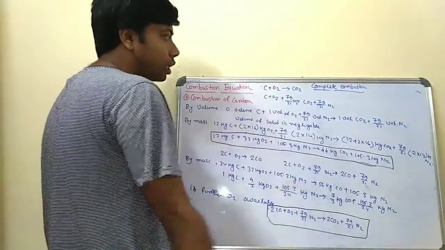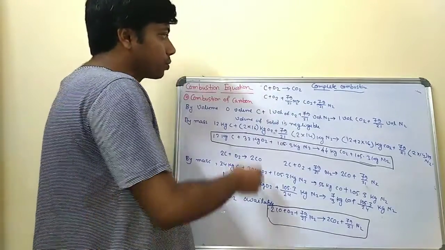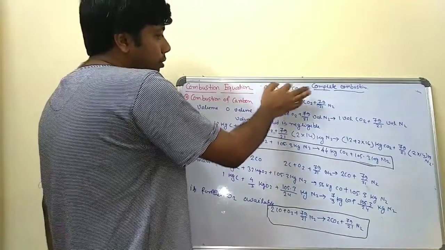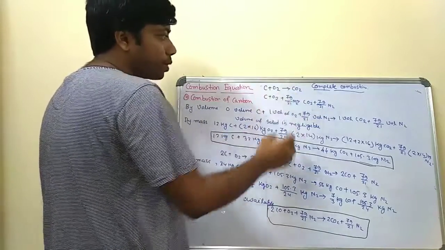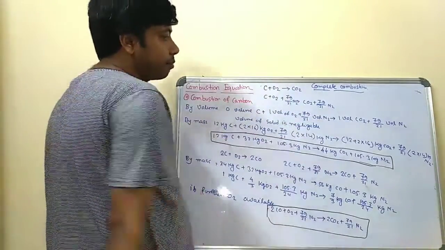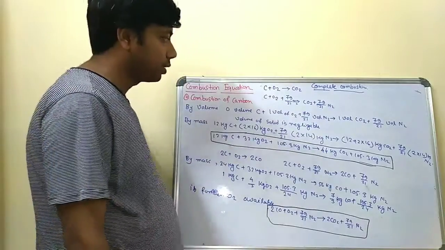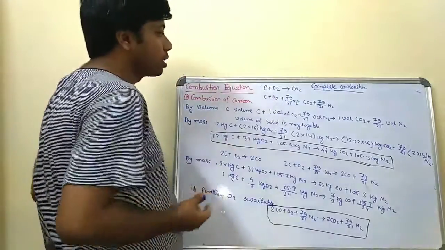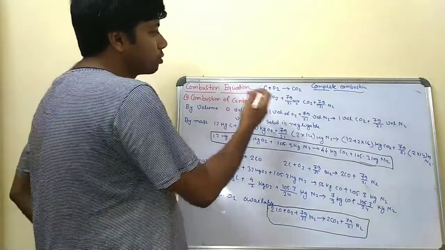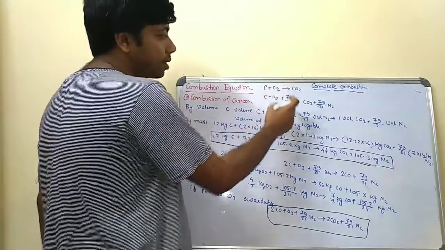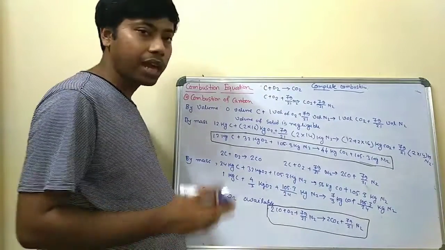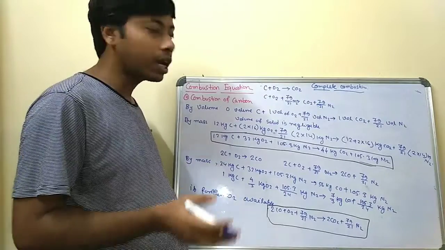So C plus O2 is equal to CO2, as you know. If you include atmospheric nitrogen, 79 by 21 nitrogen, the combustion equation becomes C plus O2 plus 79 by 21 nitrogen is equal to CO2 plus 79 by 21 nitrogen.